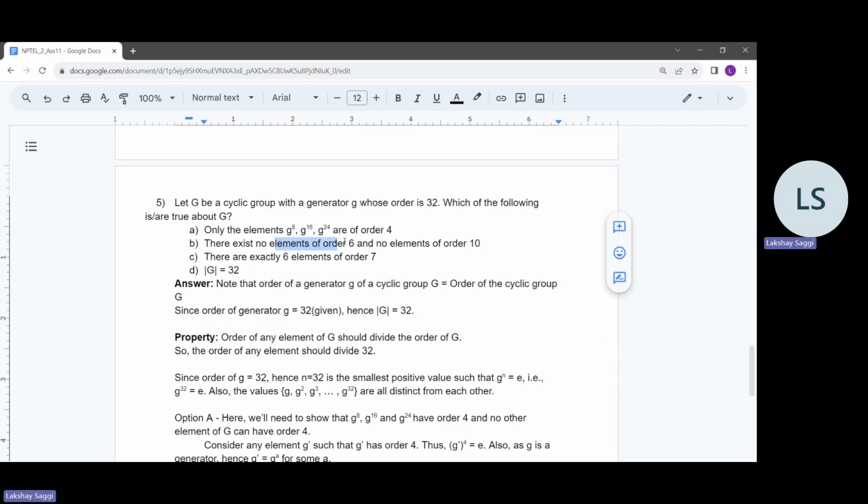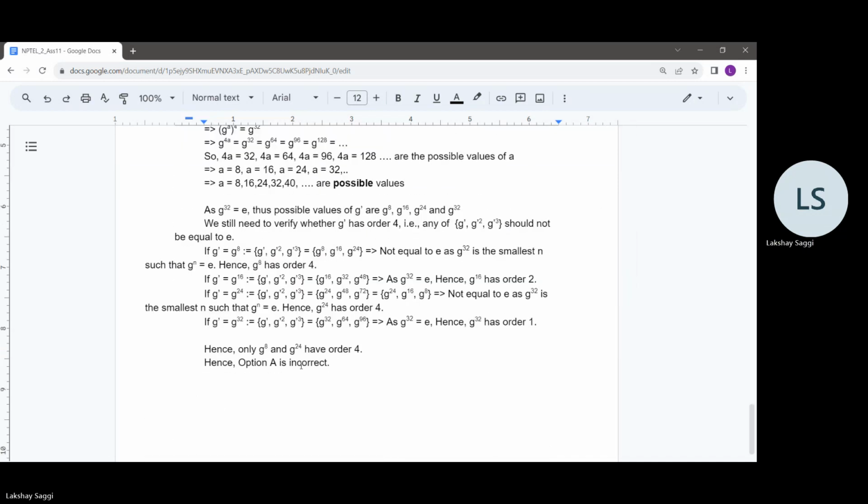So in option B, we want to find out the elements of order 6 and elements of order 10. We already know that the order of an element should divide the order of the group, and the order of the group is 32. Since 6 does not divide 32 and 10 does not divide 32, there exist no elements of order 6 and no elements of order 10.